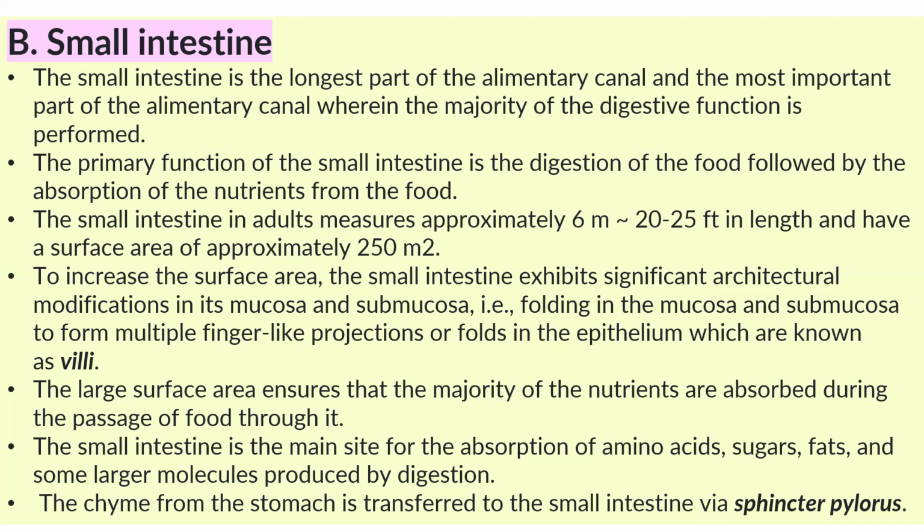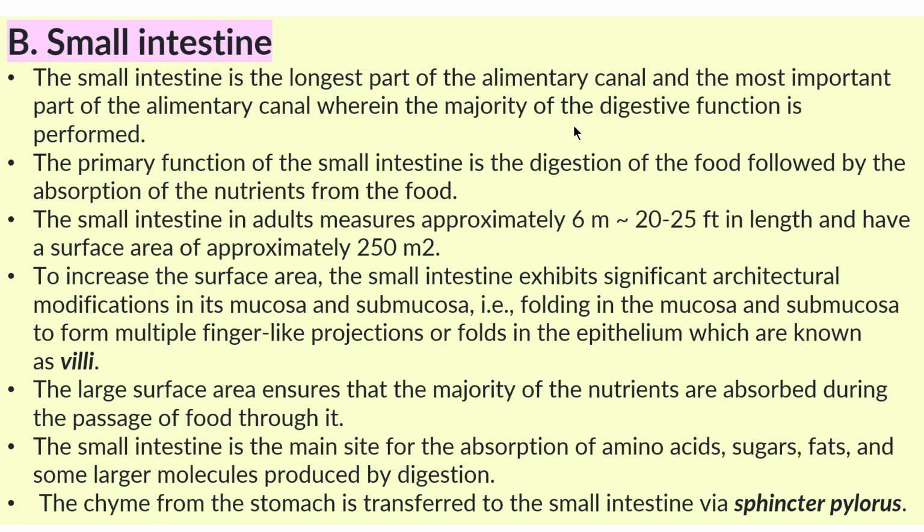In an adult, the small intestine is approximately 6 meters, that is 20 to 25 feet, in length, and has a surface area of approximately 250 square meters.